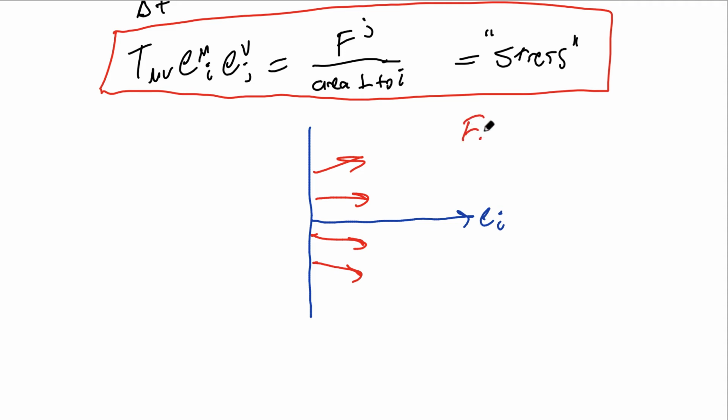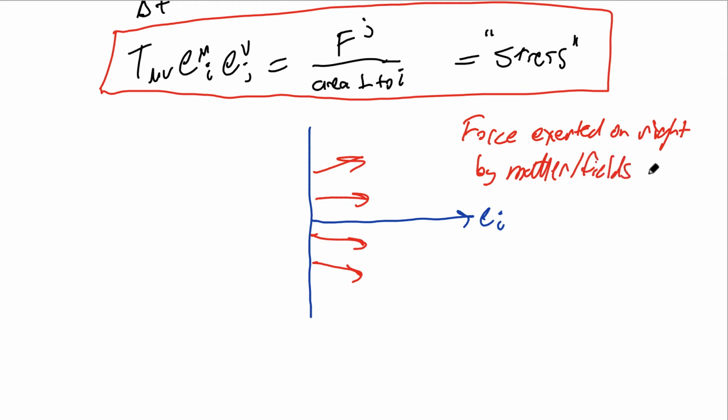So these are the forces exerted on the right side of the surface by the matter and fields on the left side. And the force can have, of course, any component. It can have components in the I direction. It can also have components in other directions. So the jth component of the force per unit area across this surface is the stress.